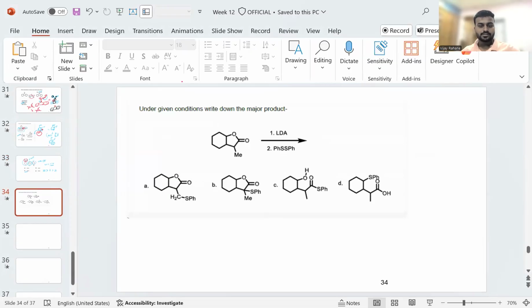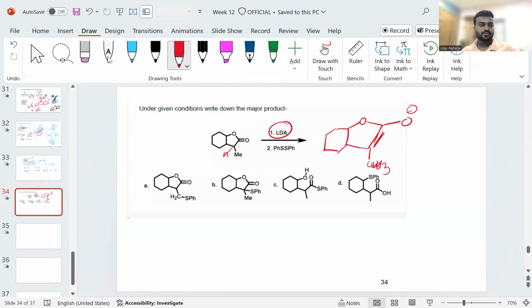We have the strong base which abstracts the proton from this position. We get this methyl, and this will be the O negative, right? This enolate is getting formed. Instead of directly drawing the enolate, I had better draw the intermediate.